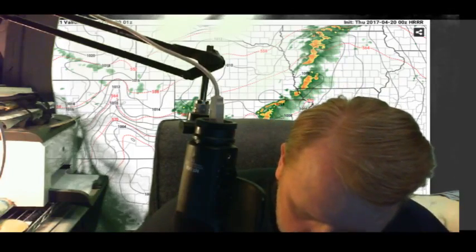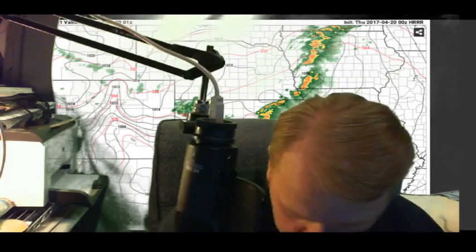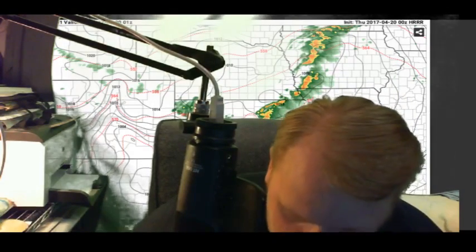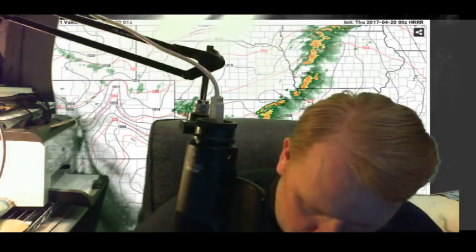Okay, RadarScope, here it is coming up. And I believe I can broadcast this out to the computer. I'm not going to be able to do that right now, but maybe in a couple of days, maybe on Friday, we can put RadarScope out and look at the storm that way.